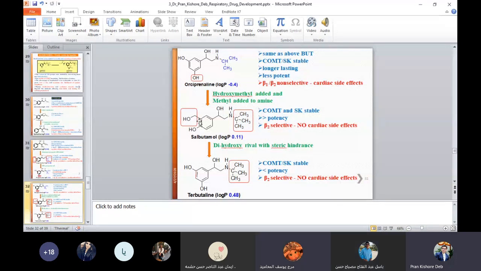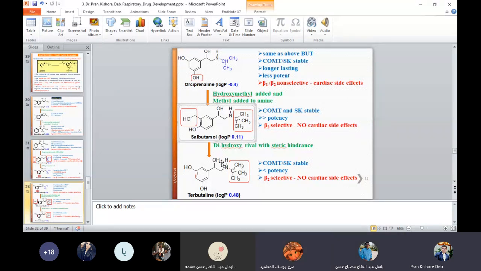The tertiary butyl makes it more selective for beta 2 than beta 1. What is the effect? No cardiovascular side effect. And definitely no pressure effect, because we are comparing this with orciprenaline. If you compare this with adrenaline, there is no cardiovascular side effect and no pressure effect.